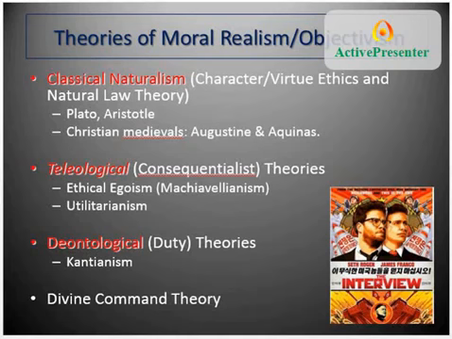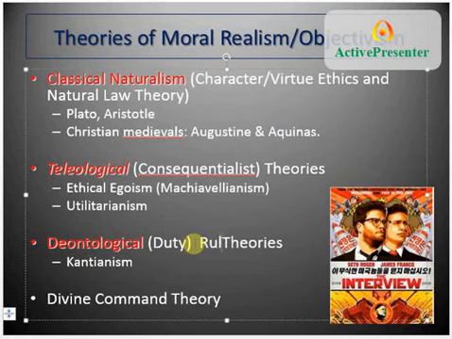If your theory is, you're mostly worried about consequences for you, you're an egoist. Utilitarians are also consequentialists, and then these stand in contrast to virtue theory and deontological duty or rule-based theories.